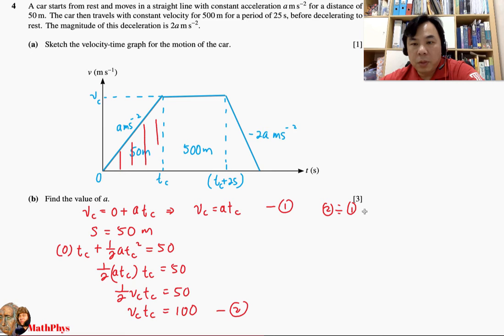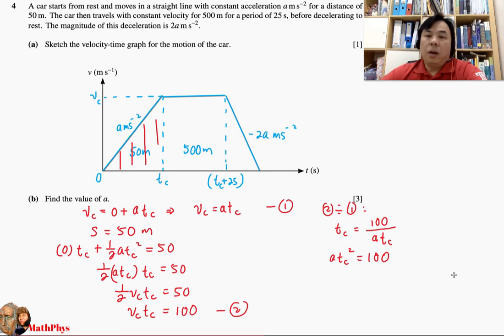Yeah, that will be much better. All right, so 2 divided by 1, then that will be, if this one is divided by this, you only have TC on the left hand side, and then that will be 100 over ATC, and therefore you get ATC squared equal to 100 there. You can see that what we did here was not very significant.